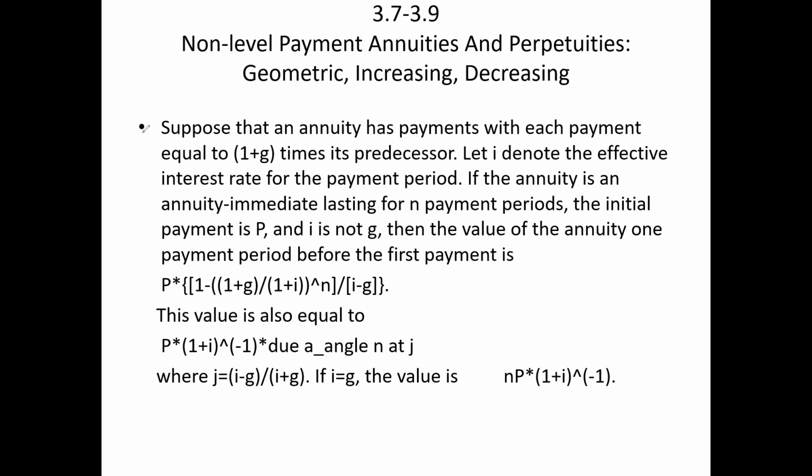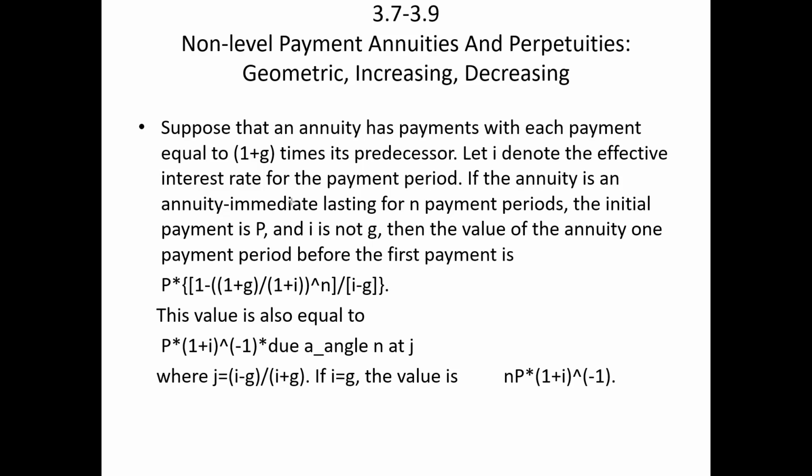The initial payment is P. And assuming I not equal to G for the moment, we're trying to figure out the formula for the present value. Future value can also be obtained, but normally we calculate the present value.